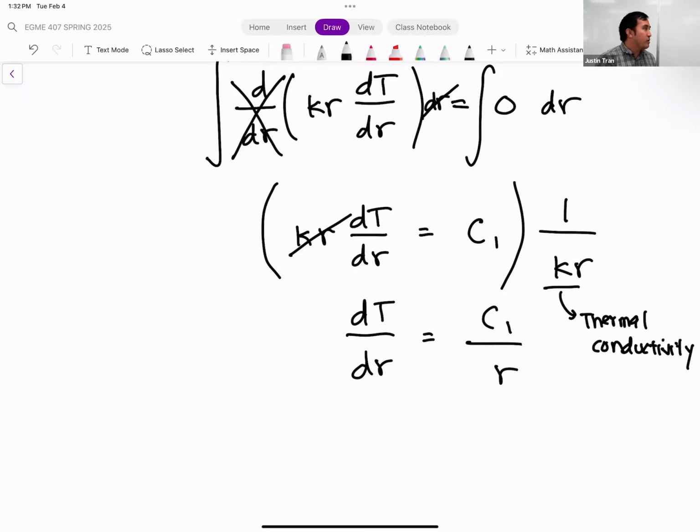That's why you burn your hand on a metal cup. But ceramics, insulating materials will have a low thermal conductivity. For most materials, thermal conductivity is just going to be constant. There are composite materials out there where the thermal conductivity can change with location, but for the most part, it's just a constant.